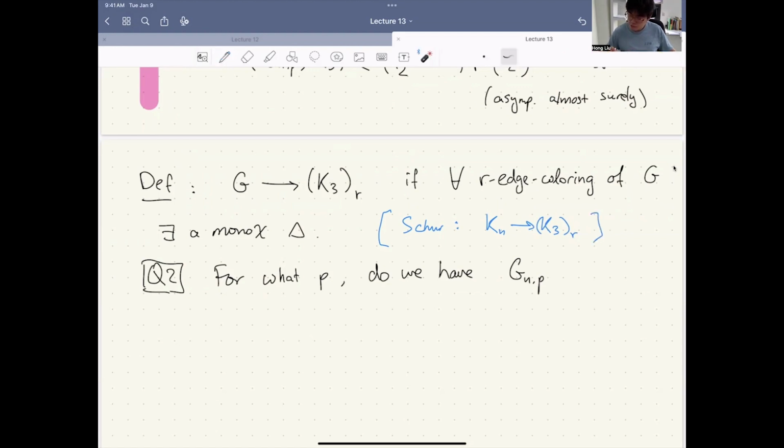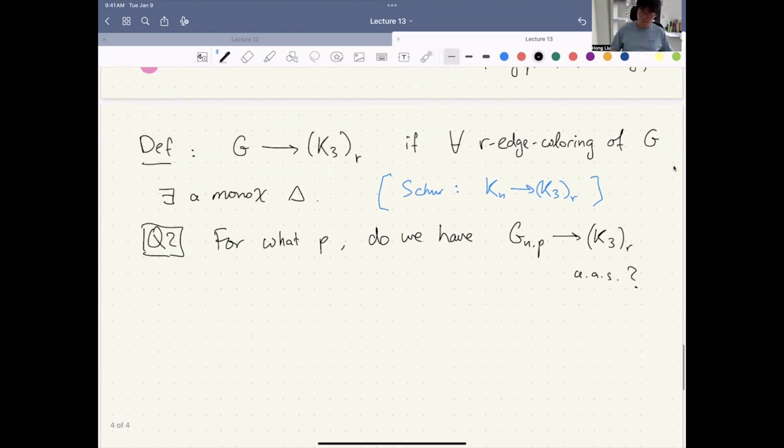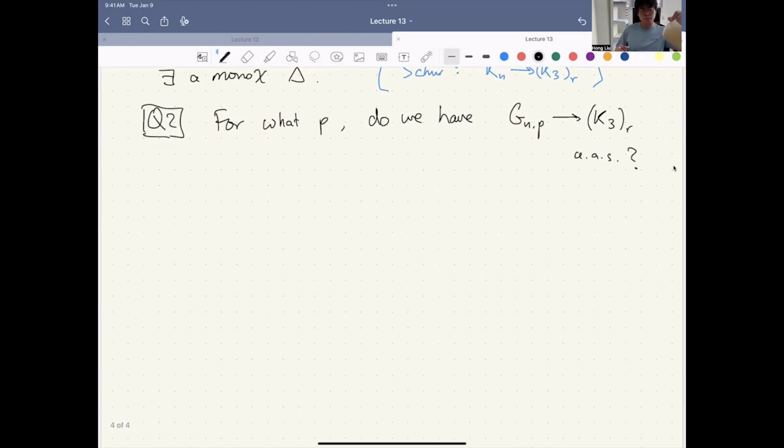Now instead of K_n, we replace K_n by G(n,p), with high probability, asymptotically almost surely. So question 1 and question 2 are the two questions we're going to talk about today.